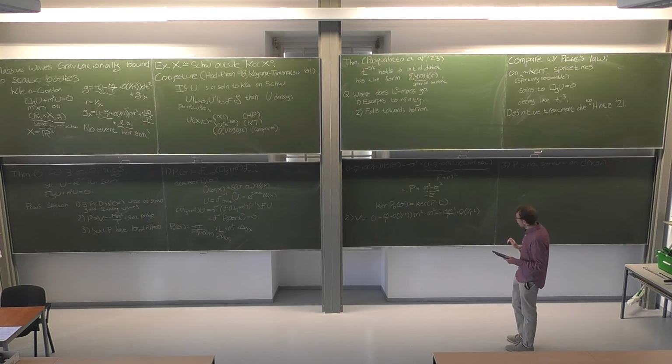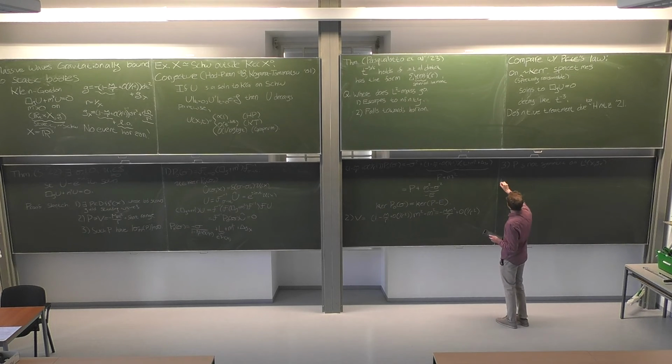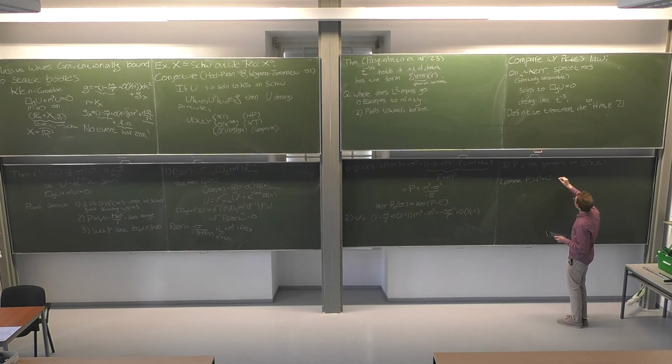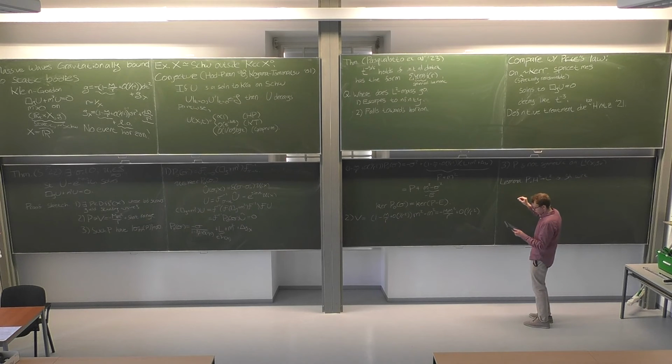But this is actually quite easy to fix. The relevant fact is that P with the usual domain is not self-adjoint with respect to the original inner product, but it's self-adjoint with respect to a slightly modified inner product.